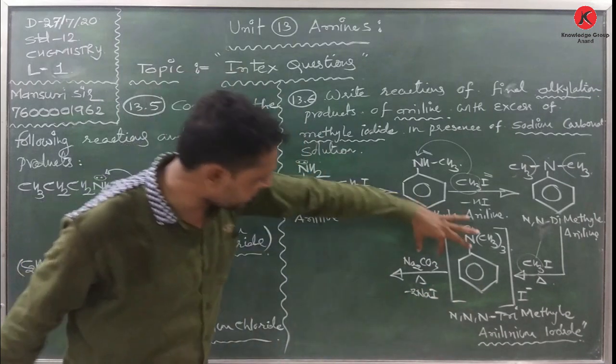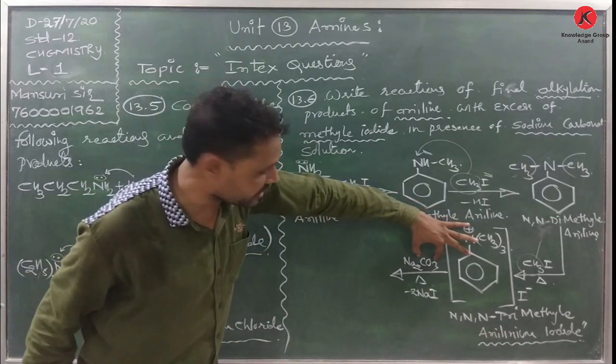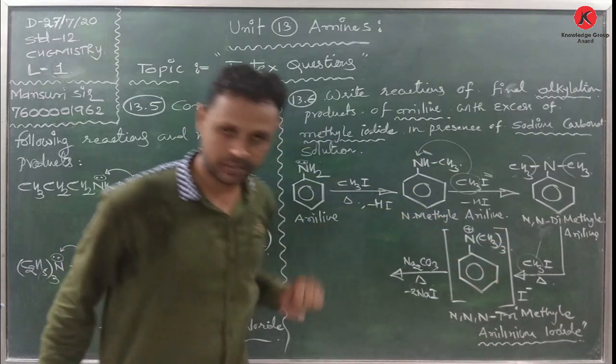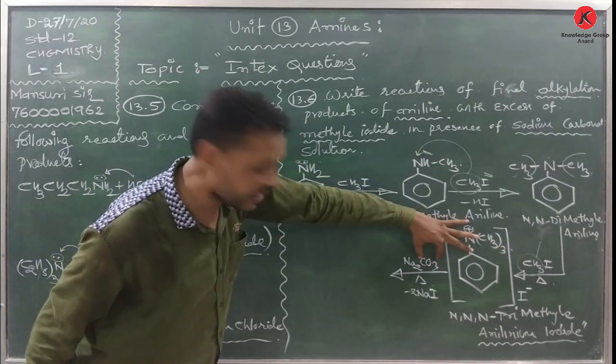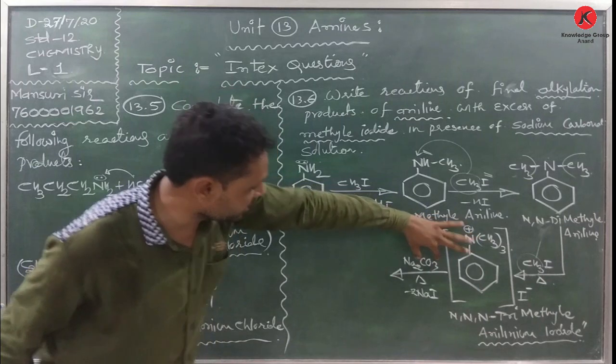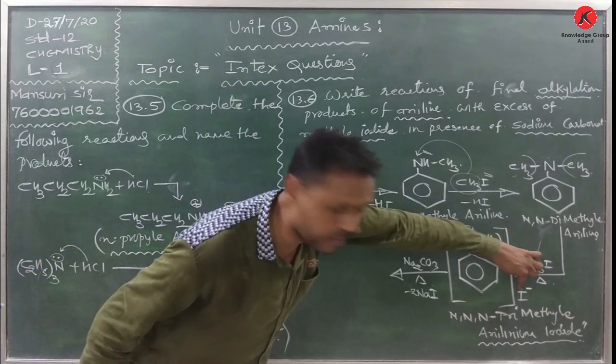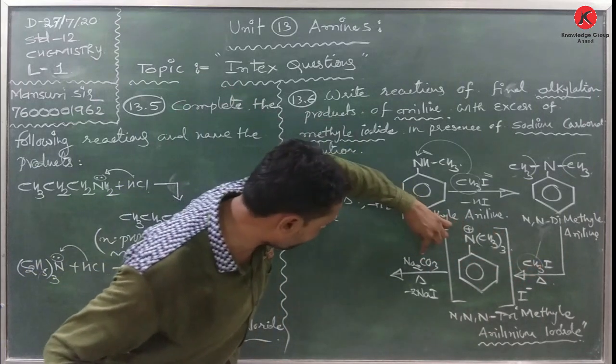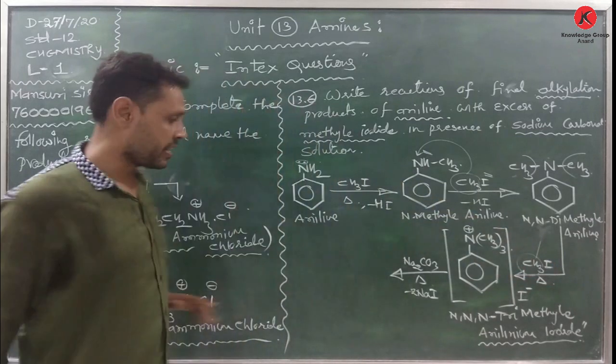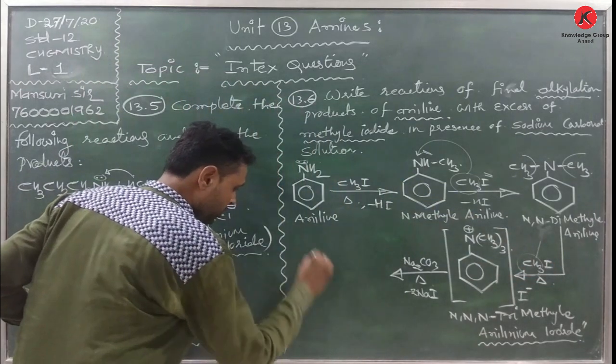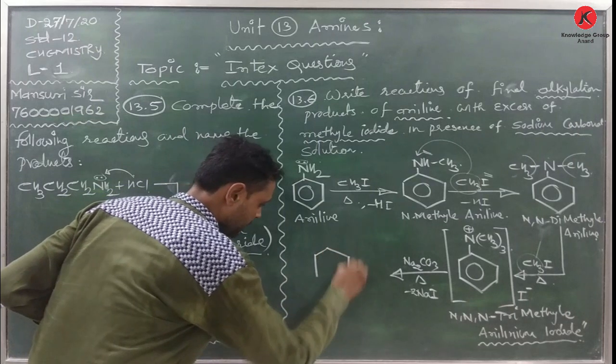The carbonate then becomes attached to this salt, so iodide will be removed and carbonate will be obtained there. So your structure will be like this.